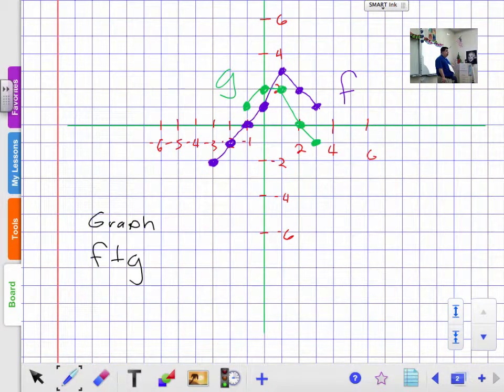Says it's C, huh? 31. Yep, first 31. C. Okay.